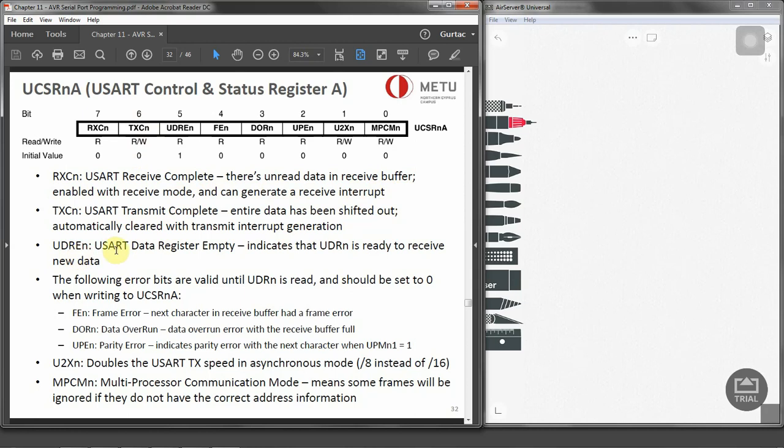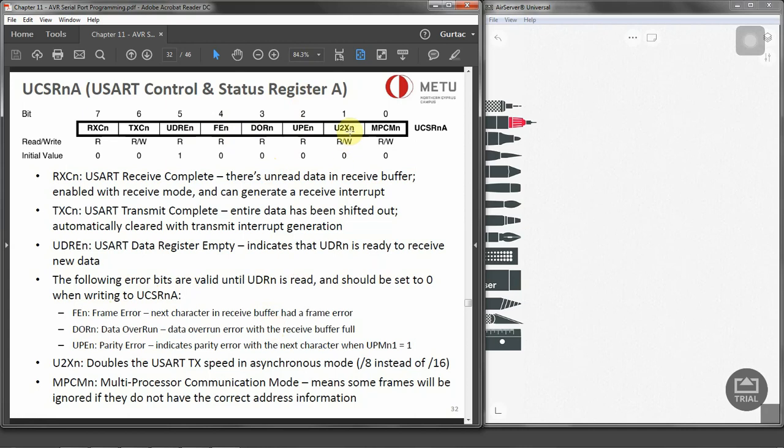UDREn, USART data register empty. That means the UDRn is ready to receive new data. And error bits are valid until UDRn is read, and they should be set to 0 when writing UCSRnA. So FEn, DORn, and UPEn, frame error, data overrun, or parity errors, they are all in control register A. If you are writing, they have to be 0.